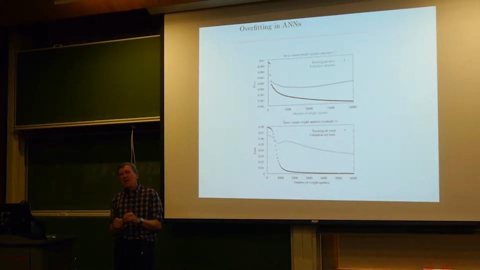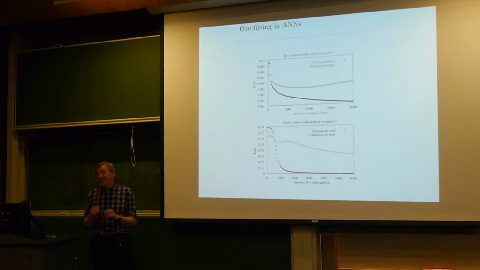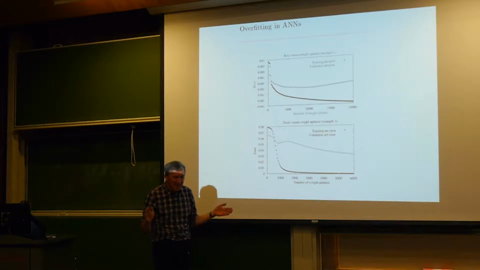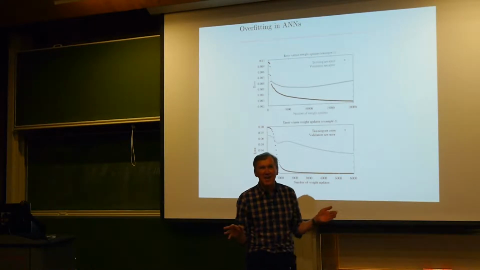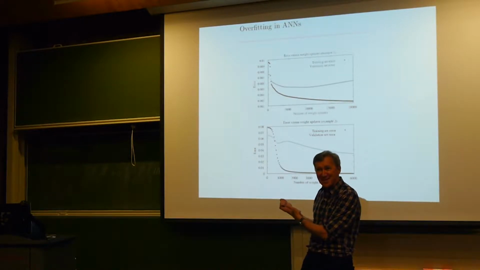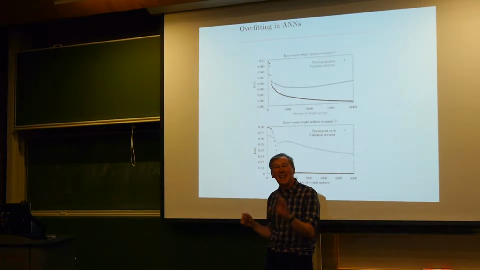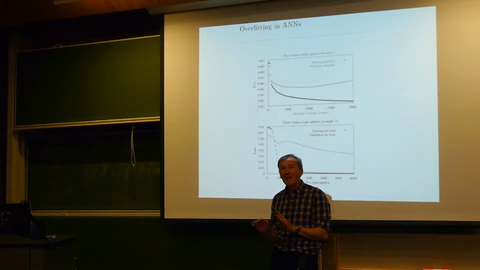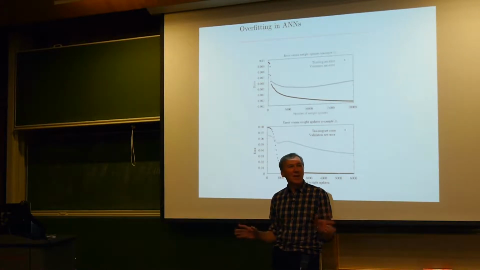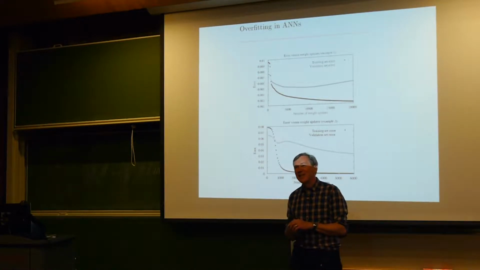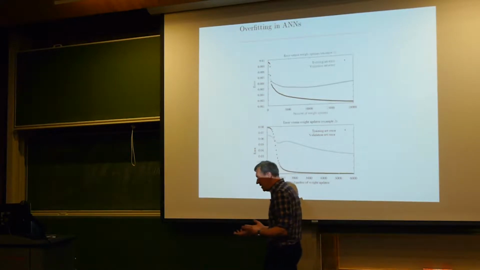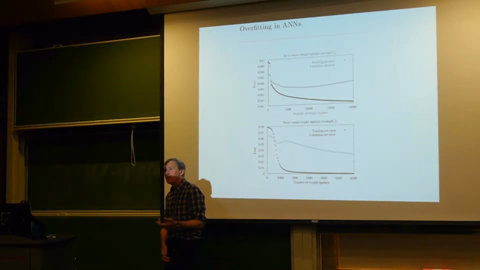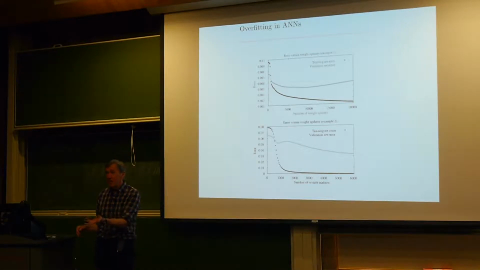In a nutshell, the history of neural nets is that they were very popular in the 90s, partly because of Dean Pomerleau's success driving on Route 28 and other similar successes. And then in the late 90s, they fell out of favor, partly because people didn't like the fact that it was hard to characterize what they were doing and hard to train them, and you have all these local minima problems.